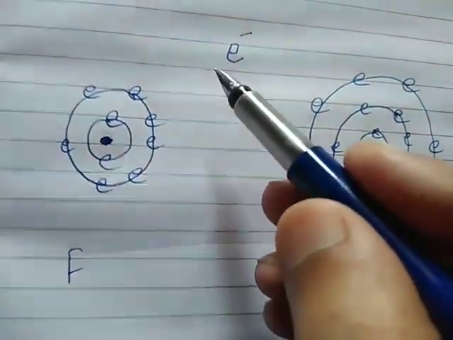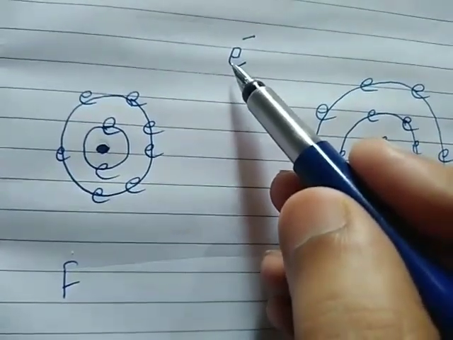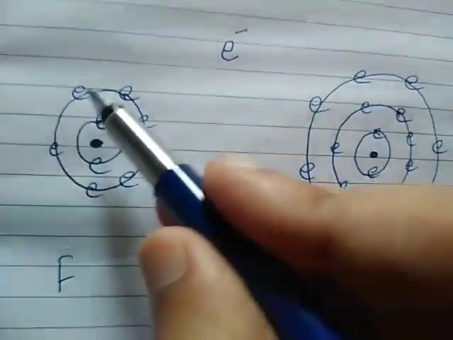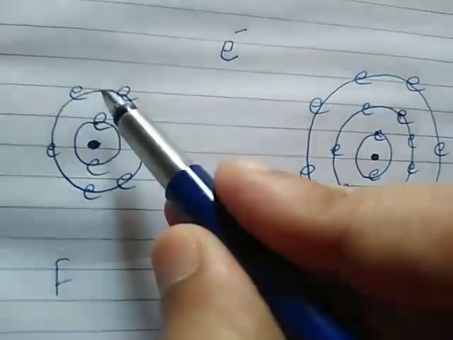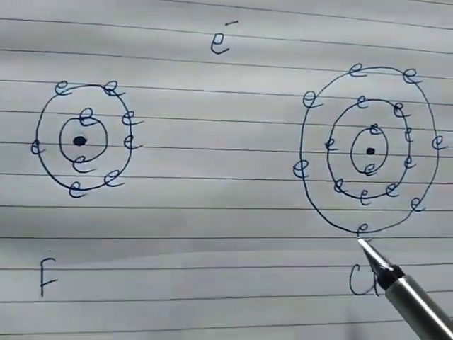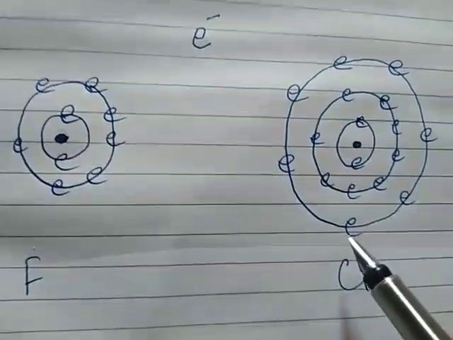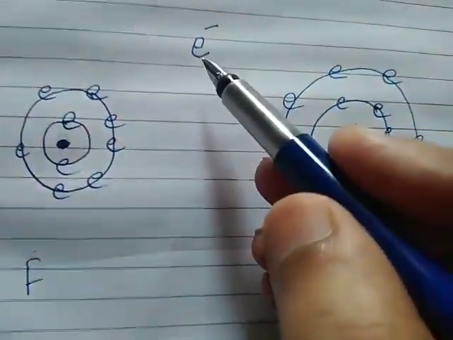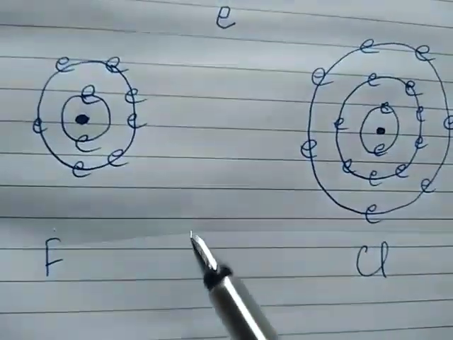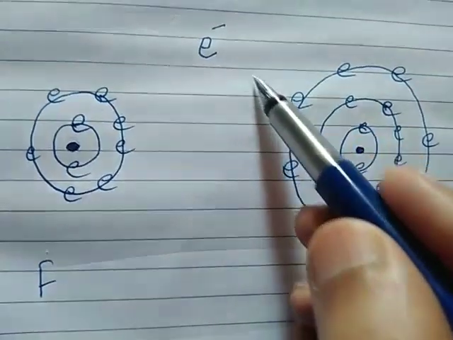But fluorine cannot keep this electron easily over here. What is the reason? Because the space is smaller. The valence shell is smaller than the valence shell of chlorine. So chlorine has more space. Although fluorine can attract the electron more easily because it is more electronegative, chlorine can keep this electron more easily.